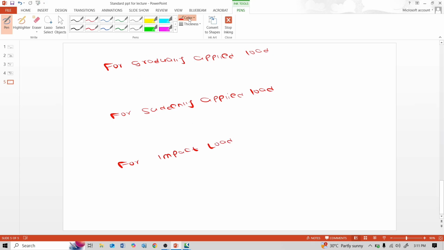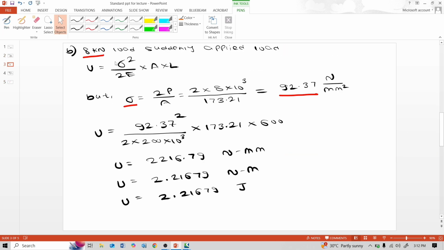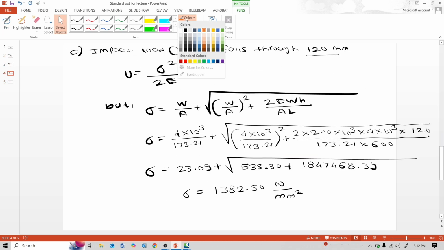First see stress. Loads are 10 kilonewton, 8 kilonewton and 4 kilonewton.